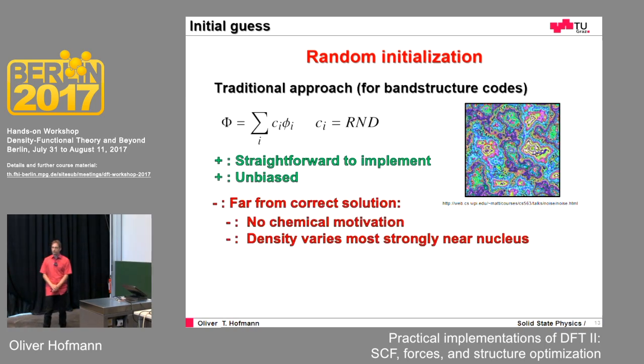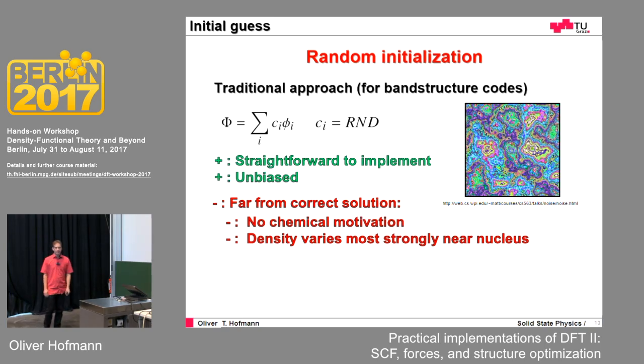The negative part, which I think outweighs the advantages by quite a bit, is that it's far from the correct solution. It doesn't have any chemical motivation, so the initial guess will be mostly bogus. And if the initial guess is bogus, you will need a lot of iterations until you actually find the correct electronic minimum structure.